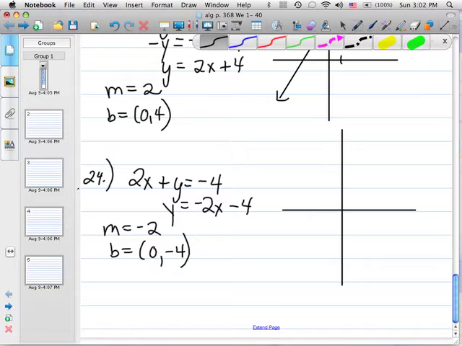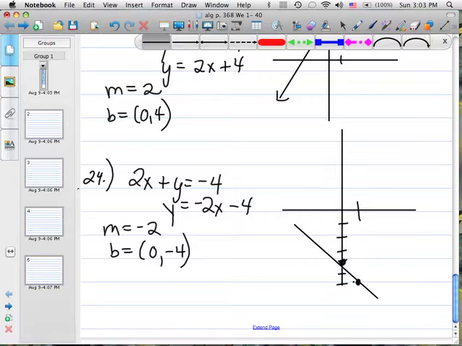Plotting that, find the y-intercept, 0, -4, and the slope is -2, so that means go down 2, right 1. We have our second point, and connect those 2 points in a line.